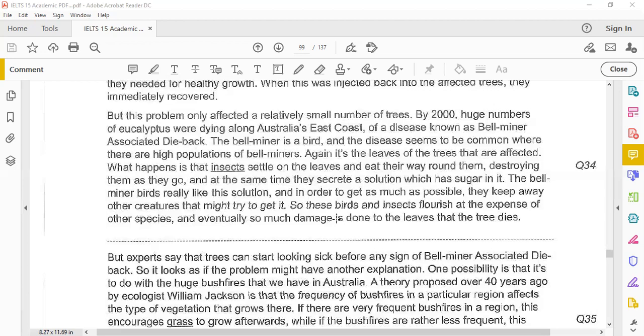The bell miner birds really like the solution, and in order to get as much as possible, they keep away other creatures that might try to get it. So these birds and insects flourish at the expense of other species, and eventually so much damage is done to the leaves that the tree dies.